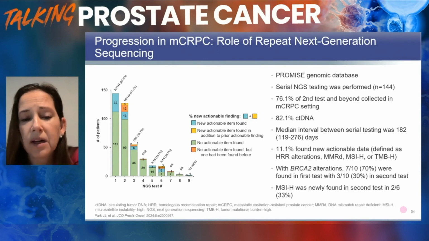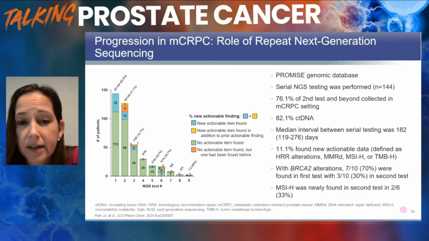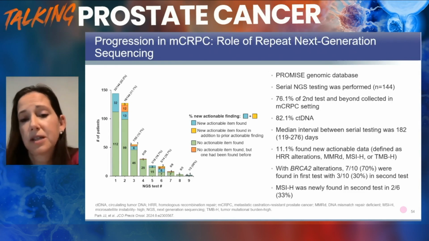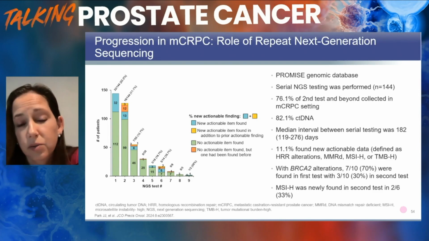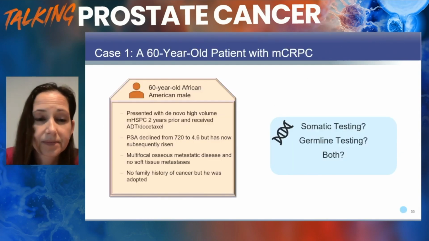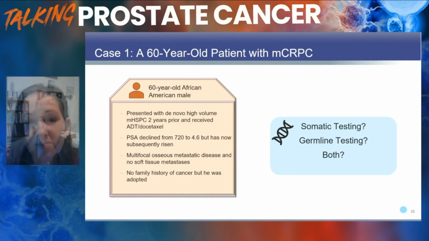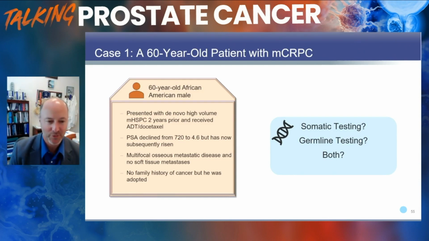So I encourage people, if you've had archival somatic testing on the prostate primary tissue, and now this patient's been through a couple lines of treatment, it's worth thinking about a ctDNA test to see if there's now something actionable. And shout out to Joe Park, a fantastic Duke Oncology Fellow, for putting that together with our PROMISE team.